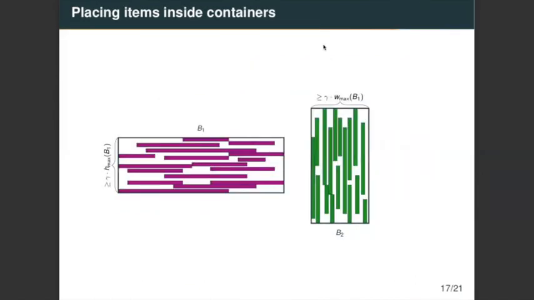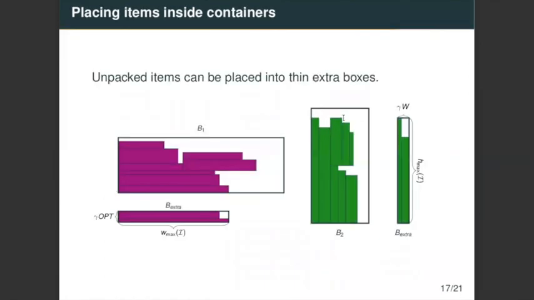Here you can see two containers. The container on the left is a horizontal container containing the horizontal slices of the short items. The container on the right is a vertical container containing the vertical slices of the vertical items. Now, if we want to obtain an integral packing from the packing of the slices, we need to discard some of the horizontal items and some of the vertical items.